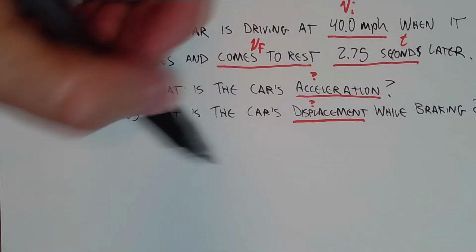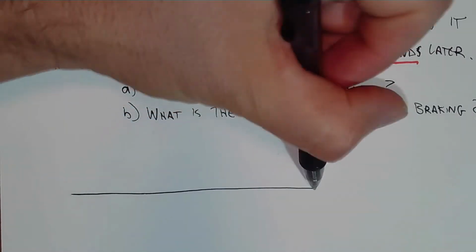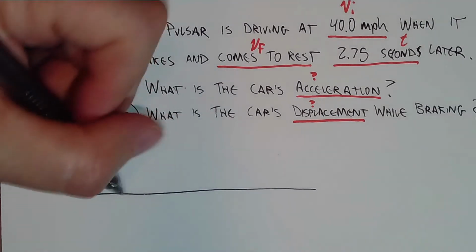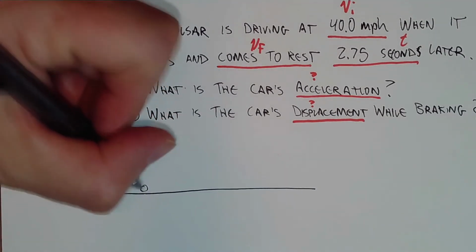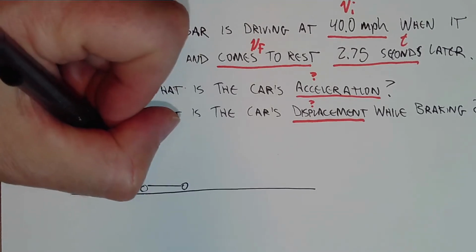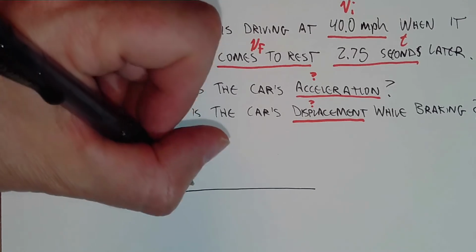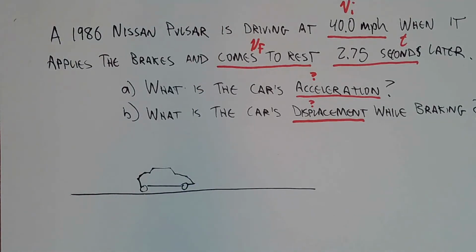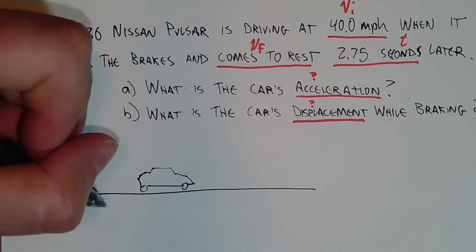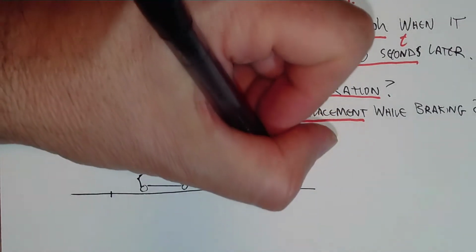All right. So we have just a quick sketch, nothing fancy. We have a road. We have a 1986 Nissan Pulsar. It looks kind of like this, and a little angular like that, coming down like that. I don't know, could have been worse. All right, so it's driving, and then it comes to rest later.